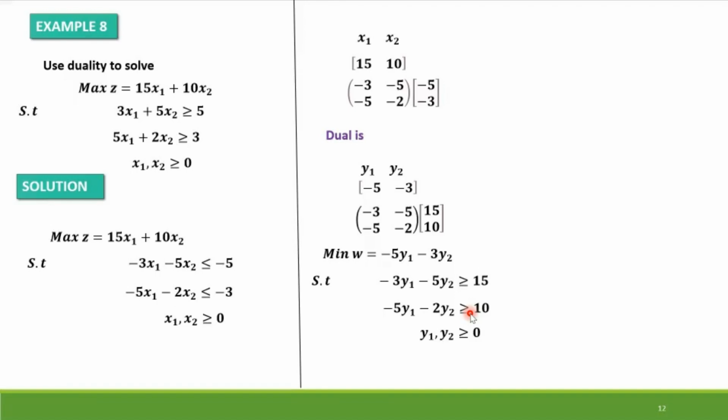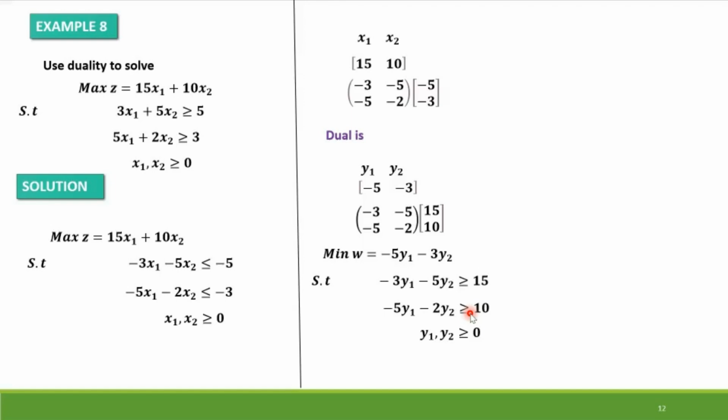Now, how to solve this equation? Can you solve by simplex method? Remember, for simplex method, the constraints are to be less than or equal to, and the right hand side should be positive.